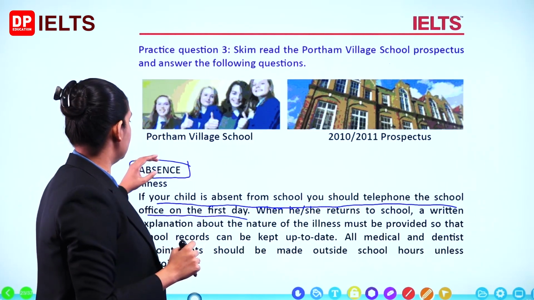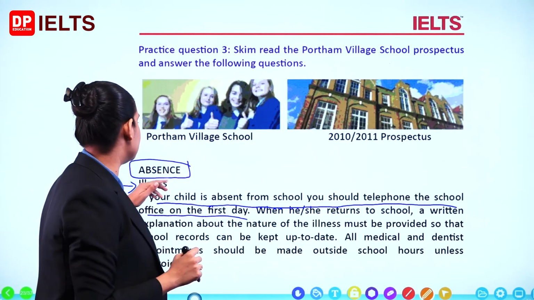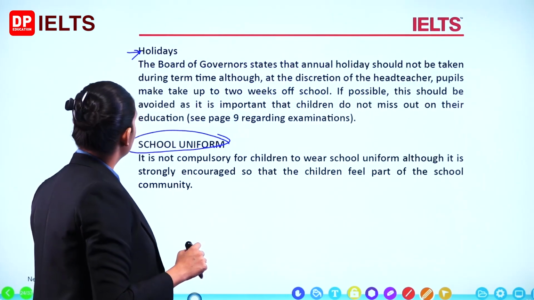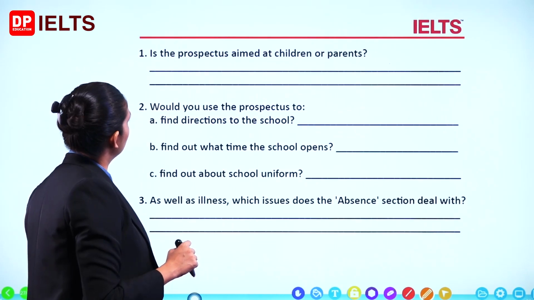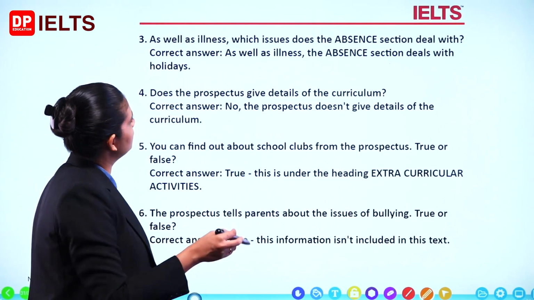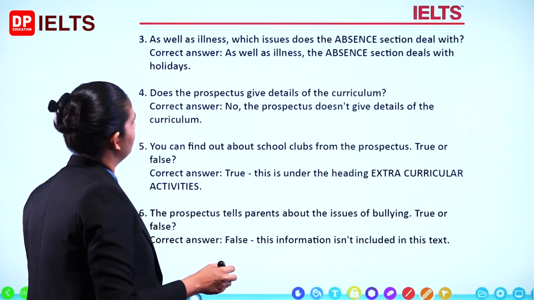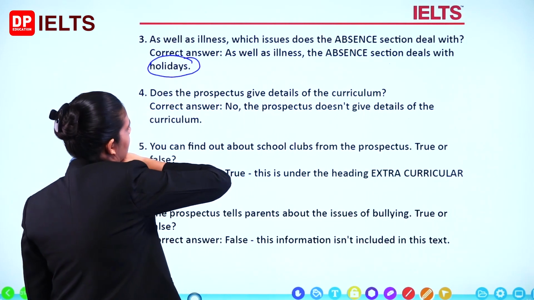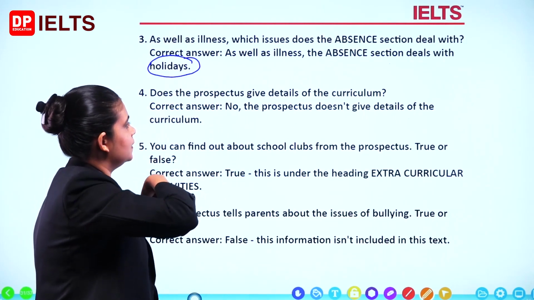So you know this is a heading, uniform is a heading. Under absence, you have two subheadings, illness and holidays. Looking at our question, what does it ask us? As well as illness, what is the other one? It deals with holidays.